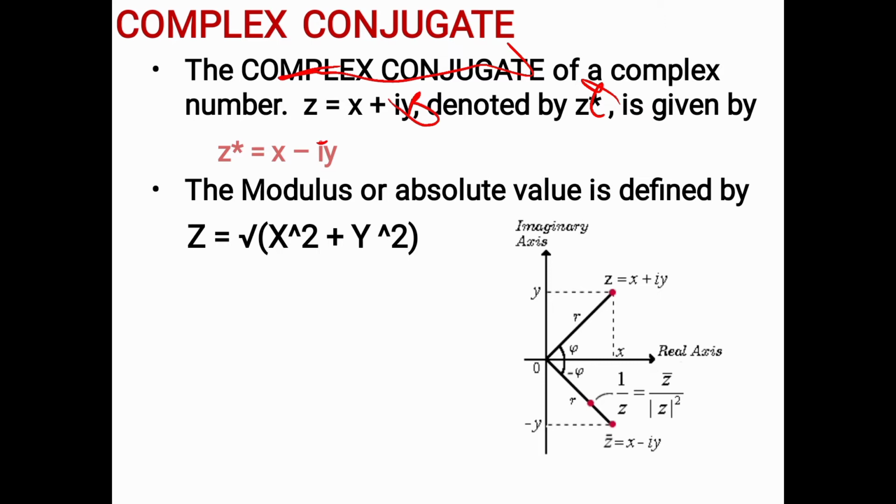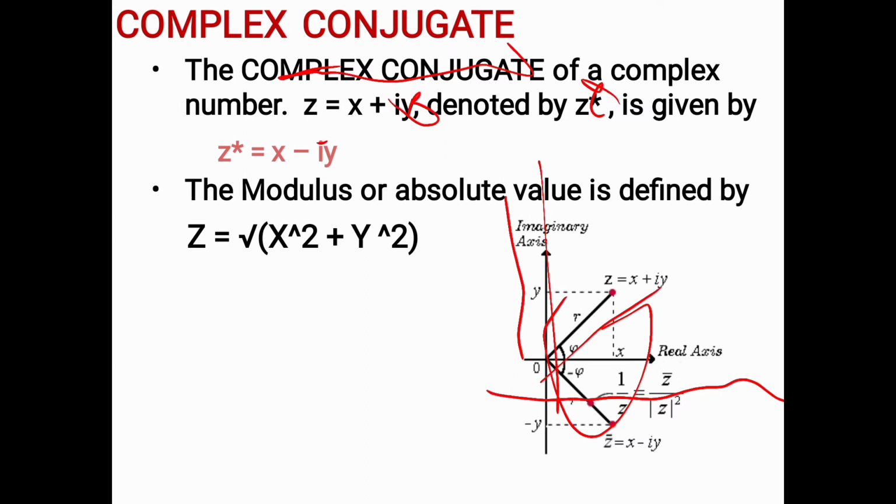Graphically, the notation of a complex number is shown here. You will see this is the real part axis and this is the imaginary part axis. Meaning, z equal to x plus iy, x will be marked on the real part and, as in coordinate geometry, y will be marked in the y direction.